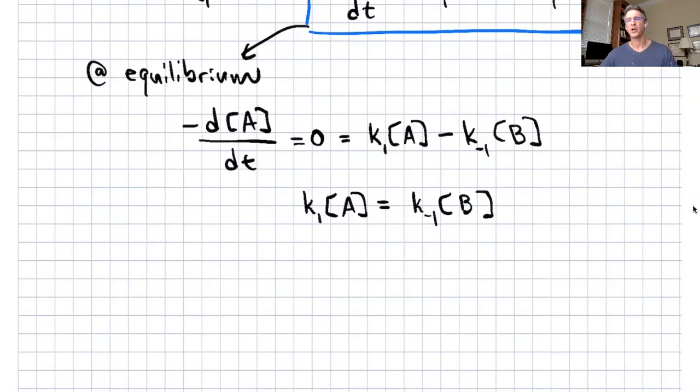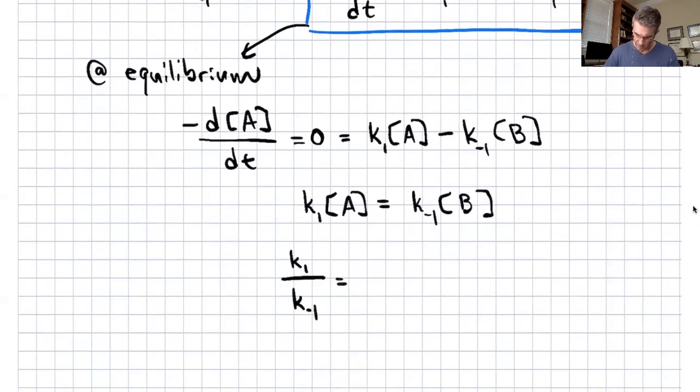There can't be any change, because that's an assumption of equilibrium. Well, what that also means is that I can rearrange this expression this way. I can say that the ratio of the forward and the reverse rate constants has to just be equal to concentration of B divided by the concentration of A, right?